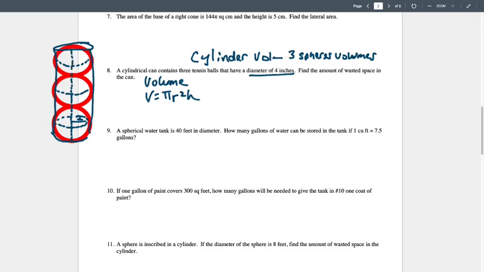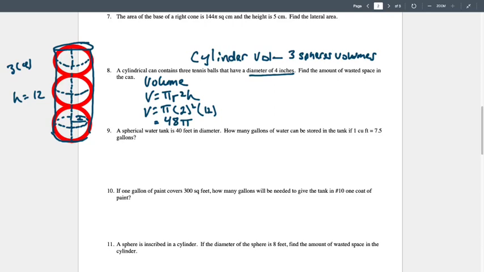So that's 3 of those 4s, which gives me a height of 12. Plugging that into my formula, I'm going to do pi times the radius squared times 12. 2 squared is 4, times 12 is 48. So 48 pi for the volume of that cylinder.